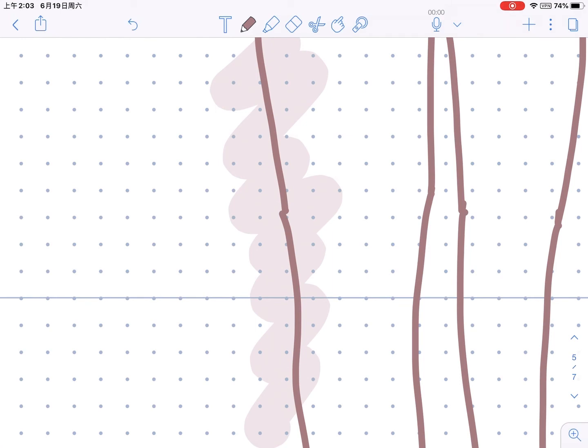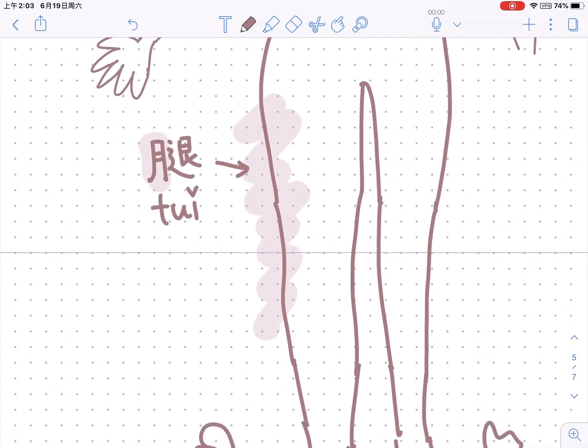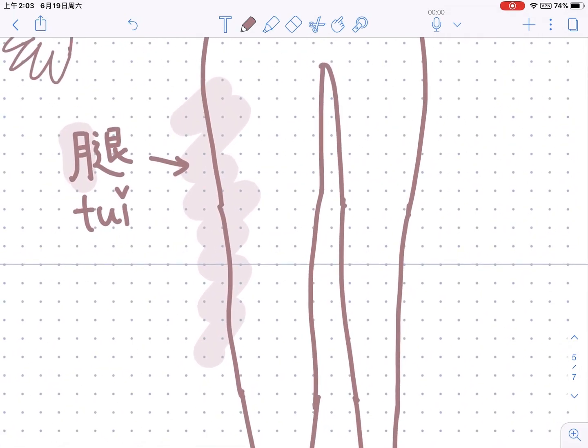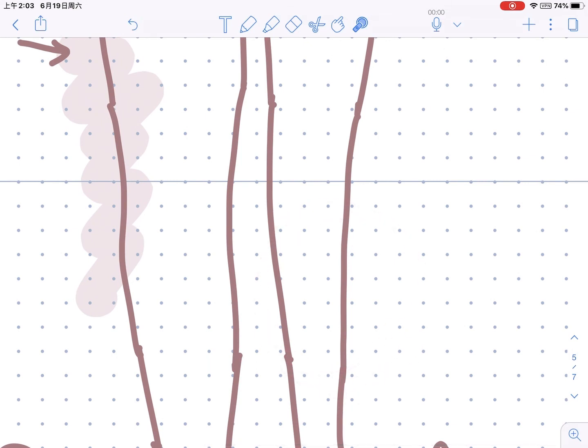That is 腿. If I write it down, it would look like this. Okay, and its pinyin is 腿. And again, you would notice that it has a 月 here, which indicates it's a body part, something with meat or related to organ. That's it, 腿.